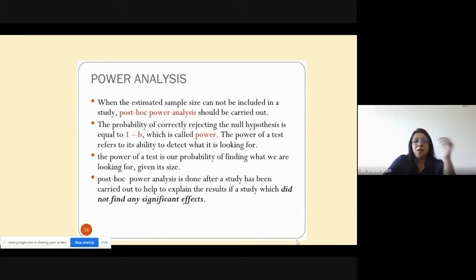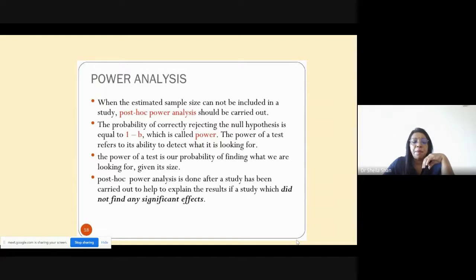Power analysis. When the estimated sample size cannot be included in a study, post hoc power analysis should be carried out. These are a very high level of analyzing data. The probability of correctly rejecting the null hypothesis is equal to 1 minus beta, which is called power.